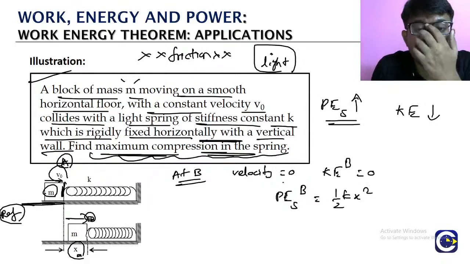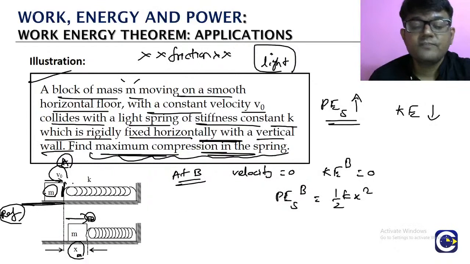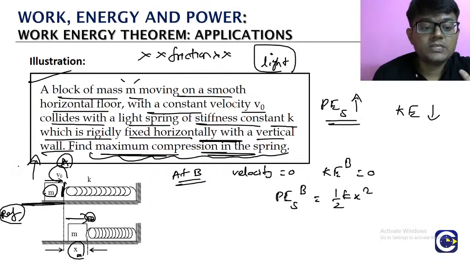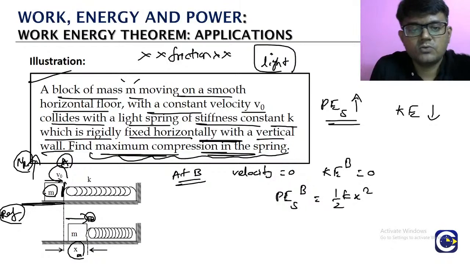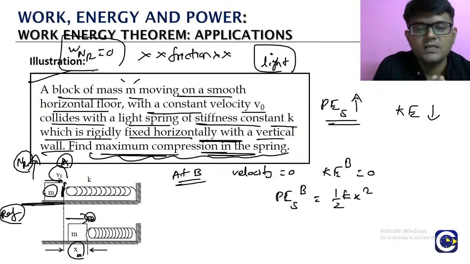So we don't need to consider the gravitational potential energy. Other than this, what else is there? Friction is not there. Normal reaction will be there. But since the block is moving along the contact surface, work done by normal reaction is 0.